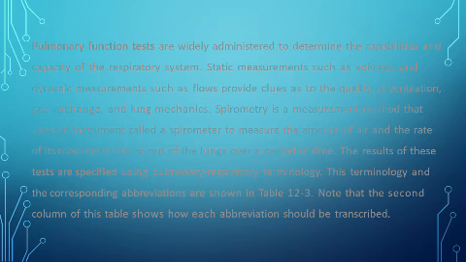The results of these tests are specified in pulmonary respiratory terminology. This terminology and the corresponding abbreviations are shown in the next table. Note that the second column of this table shows how each abbreviation should be transcribed.